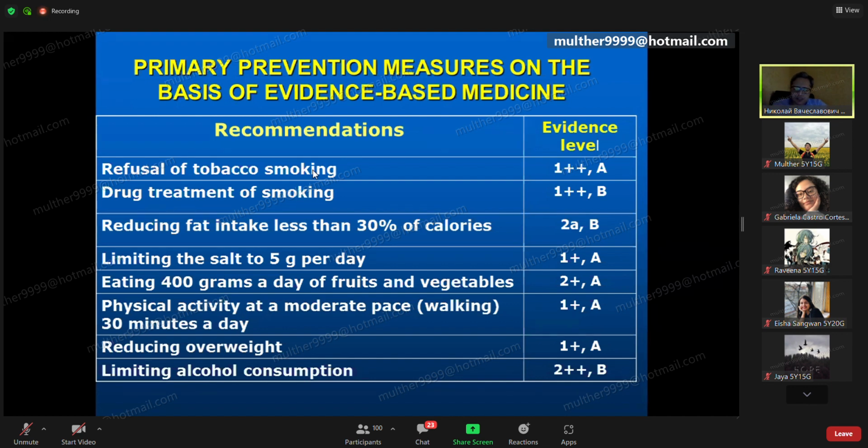As for limiting alcohol consumption, reducing fat intake to less than 30% of calories, and drug treatment of smoking, it is B level, less evidence than the others.